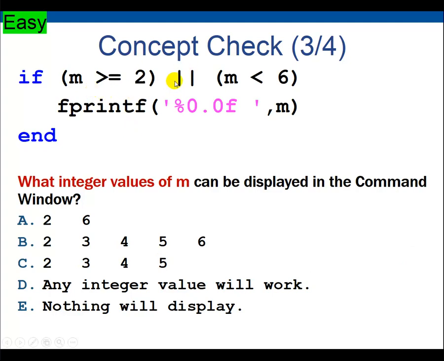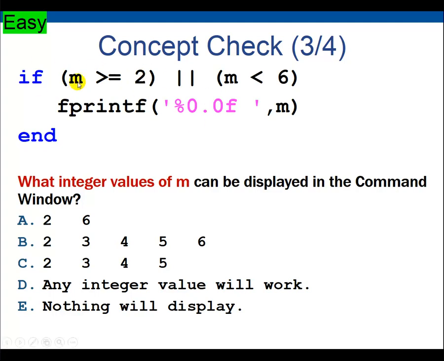Here we have OR operators. What integer value of m can be displayed in the command window? If one of them is true, then it will display, right? So if m is greater than or equal to 2, or m is less than 6, then it shows up. M greater than 2 means 3, 4, 5, or even 6 is okay.